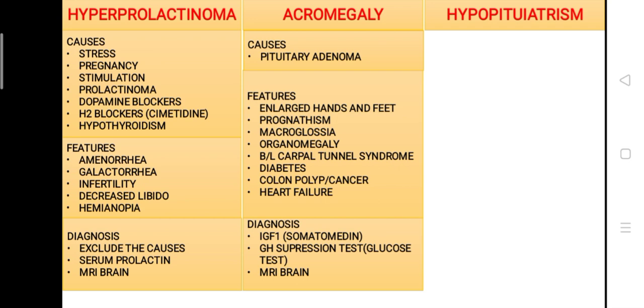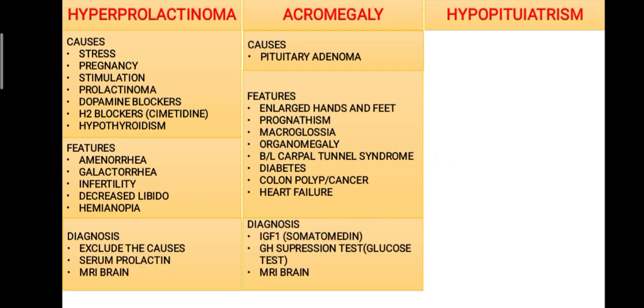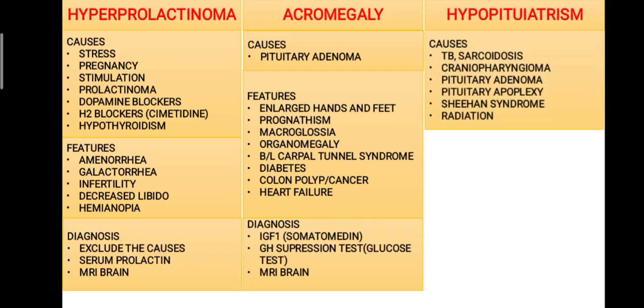Now, next let's see hypopituitarism. The causes of hypopituitarism are TB or sarcoidosis, which can infiltrate and destroy the pituitary gland, causing all hormones to be decreased, or a craniopharyngioma, usually seen in children, which is a remnant of Rathke's pouch.